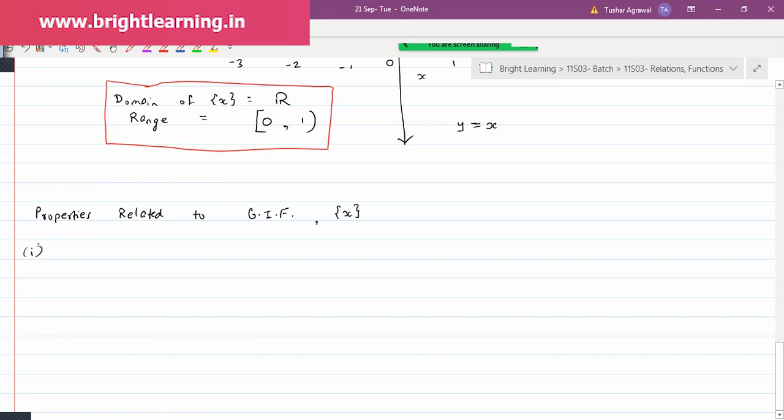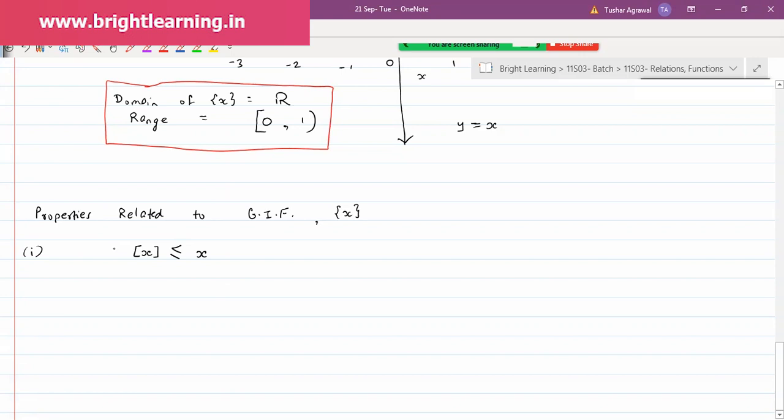First, if I tell you x and step x, the step x is defined in such a way that step x is always less than or equal to x. If x is an integer, equality will take place, and if x is not an integer, step x will always lie to the left of x. To the left of x means it will be less than. That is the definition part only.